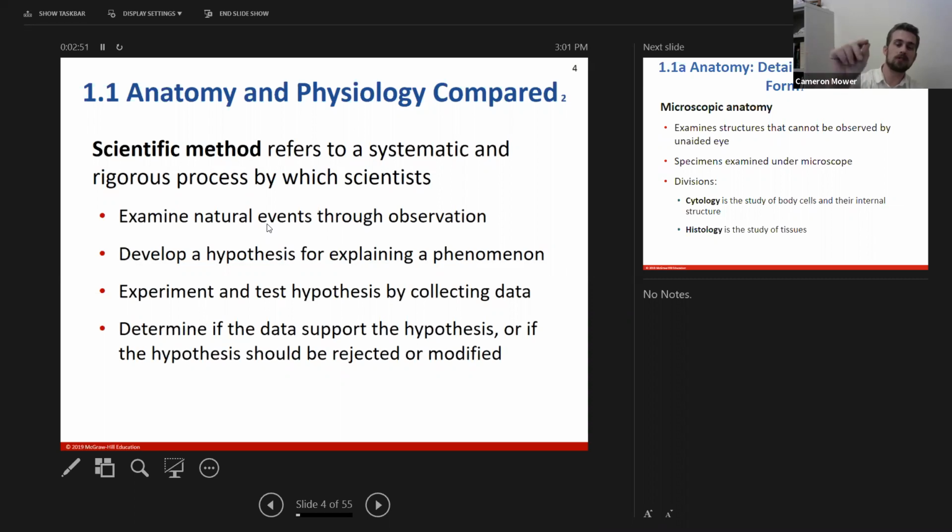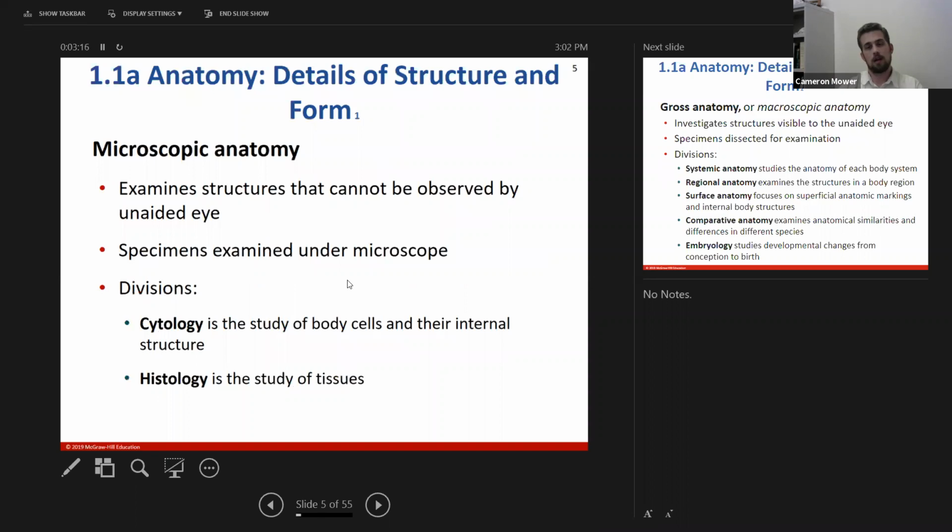It refers to a systematic and rigorous process by which scientists examine natural events, develop hypotheses, experiment and test, and then determine whether or not the data generated by those experiments and tests support the conclusion or hypothesis that you've come up with. So that's the scientific method.